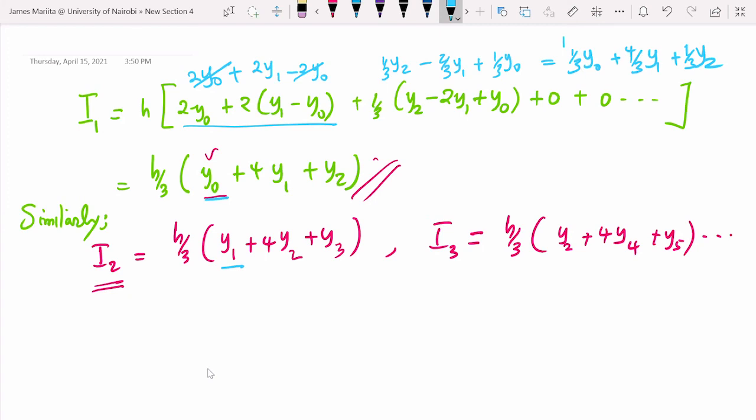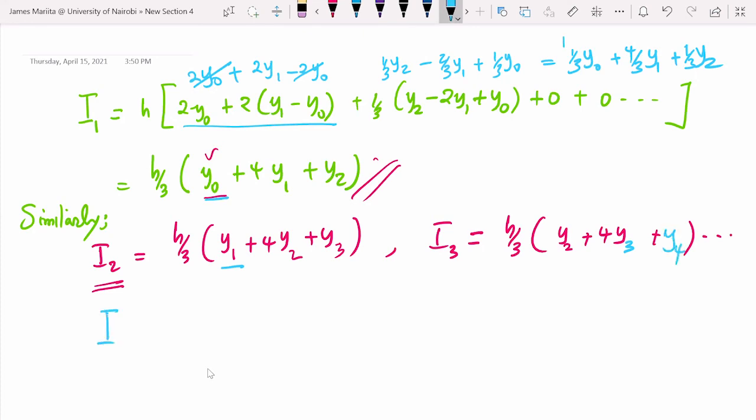We have h, we factor out 1/3, so we are left with y naught plus 4y1 plus y2. Following the same procedure, I2 will be h over 3 y1 plus 4y2 plus y3. And then I3 will be h over 3 y2 plus 4y3 plus y4.